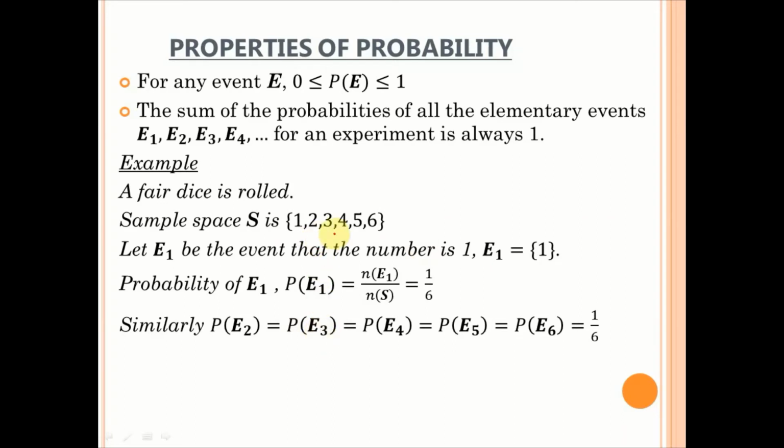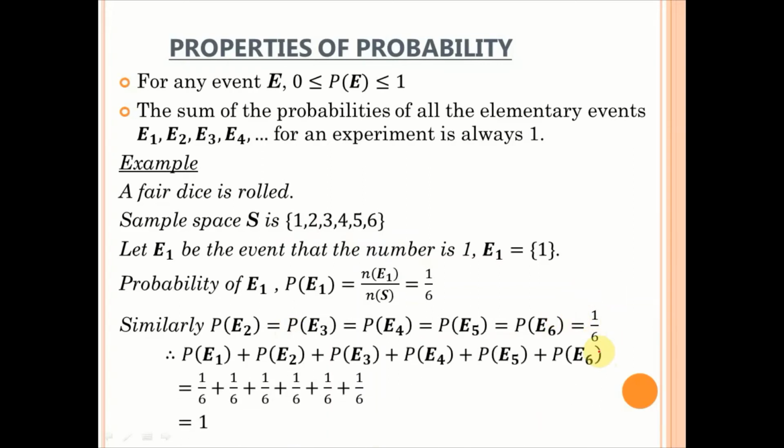Number 2, number 3, number 4, number 5, number 6. The probability of that happening is also 1/6. Therefore, if you add all of those probability, you will get 1. Okay, tambah all the elementary, will get 1. But any event must be below 1. That's why event E ni probability dia is 1/6. Ni pun sama 1/6. So tambah jadi 1.